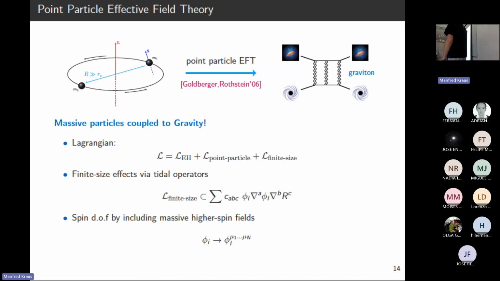You have to couple point particles to gravity in order to simulate either non-spinning black holes or spinning black holes, and you can include other fun stuff like finite size effects if you're interested in neutron stars, or if you want to study higher spinning things, you will have to include higher spin quantities.